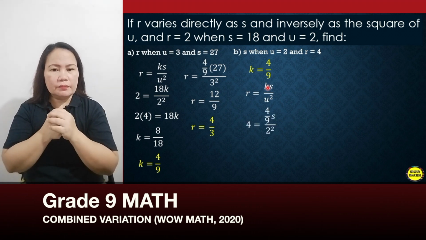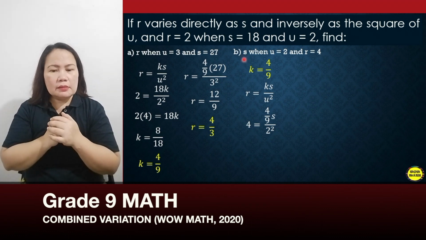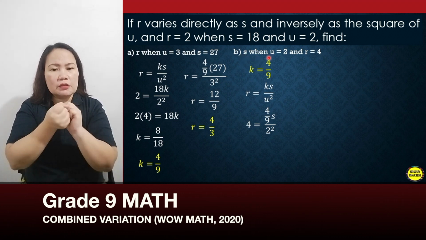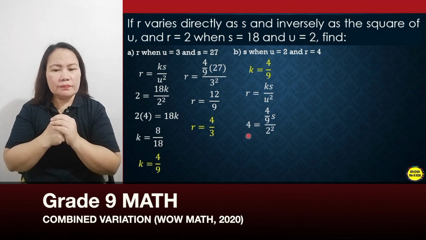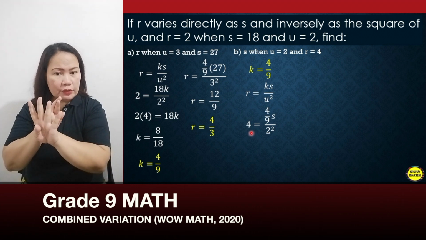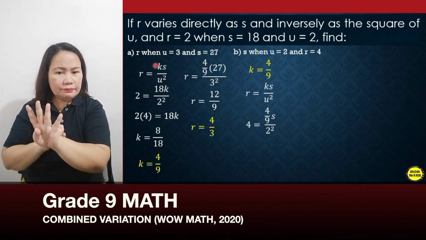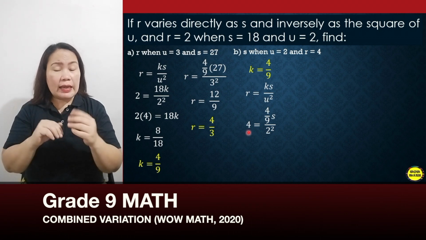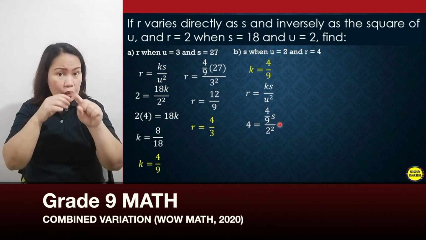So, ang hinahanap natin dito is yung value ng s. So, to find the value of s, substitute lang natin yung value ng u and r. So, ang r natin is 4. So, ito yon. Ang r natin is 4 and then yung k natin is 4 over 9. Tapos yung s yung hinahanap.